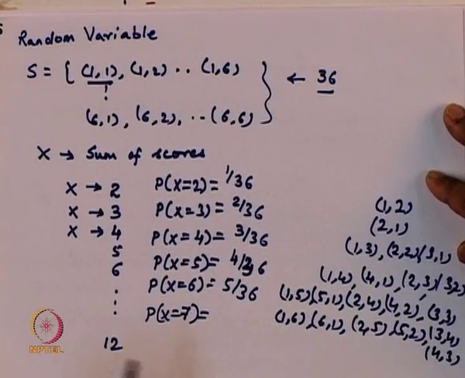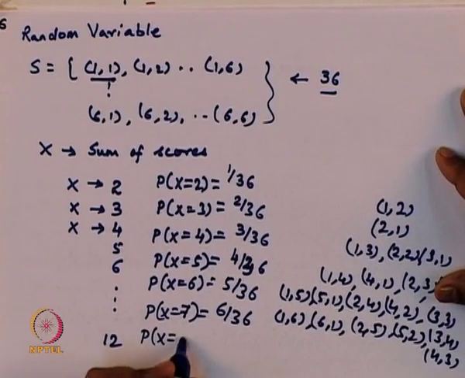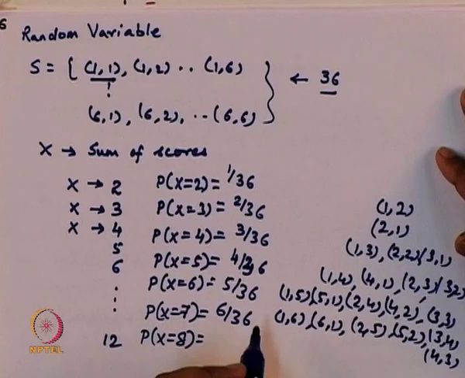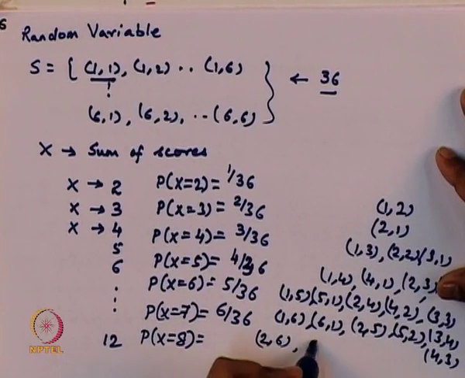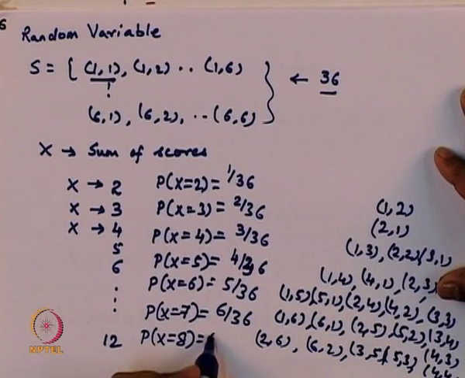I have 6 by 36. Probability of x equal to 8: I have 2 6, 6 2, 3 5, 5 3, 4 4, equal to 5 by 36.